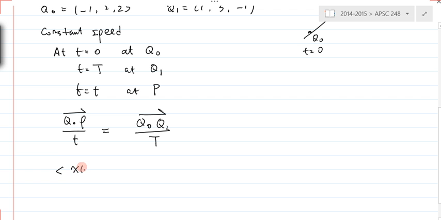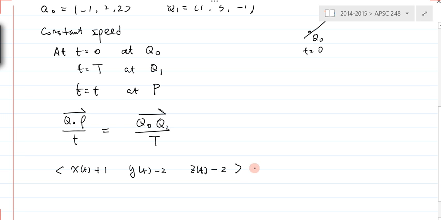It's x of t subtract this -1 here, which becomes +1. And y of t subtract the 2, and z of t subtract the 2. Okay? Is that good? Yeah.